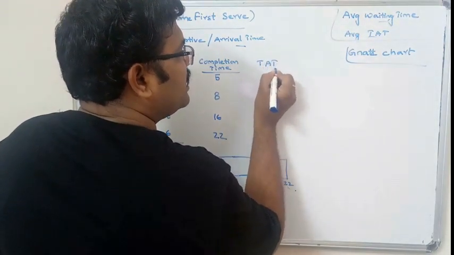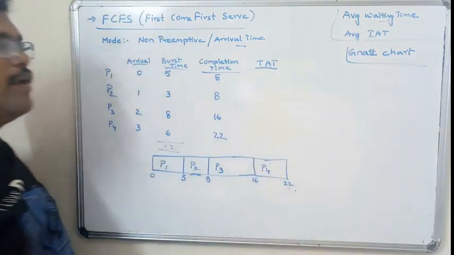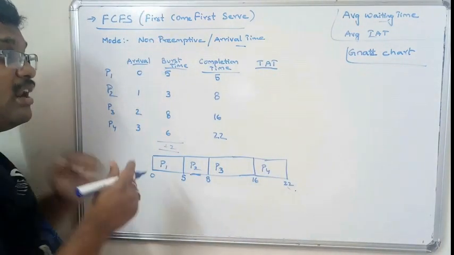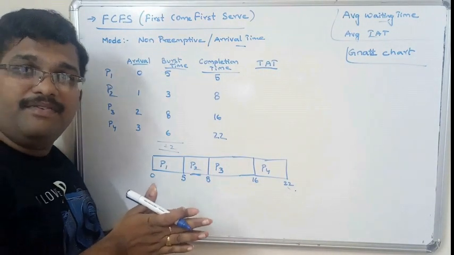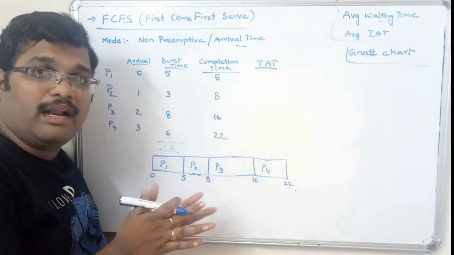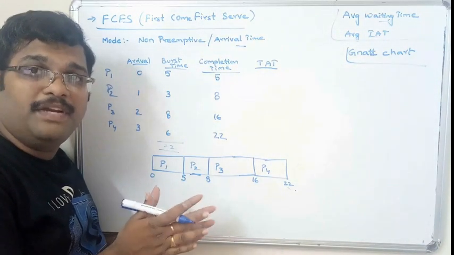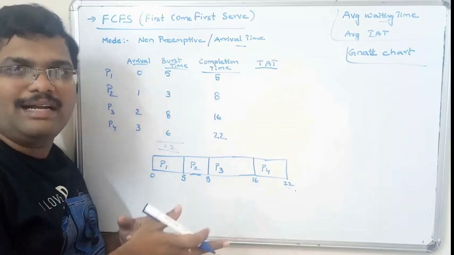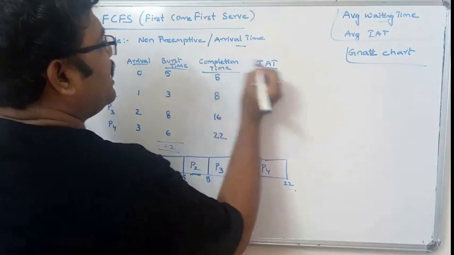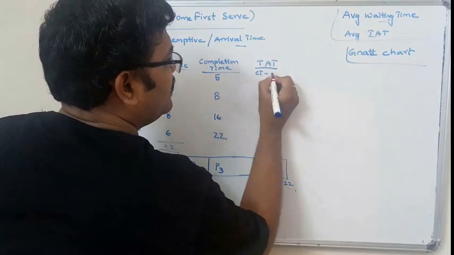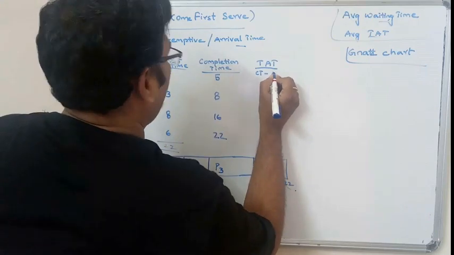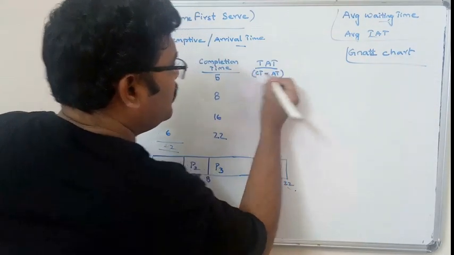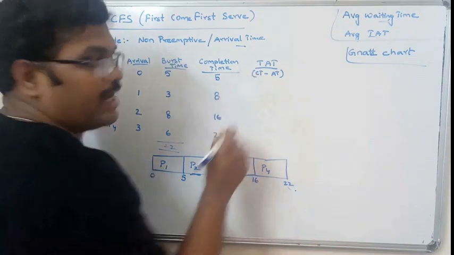Now turnaround time. What is the turnaround time for all the processes? As I have said in the previous one, in the scheduling criteria, turnaround time is the difference between end time and start time. So completion time minus arrival time. So I will write above: turnaround time is completion time minus arrival time.